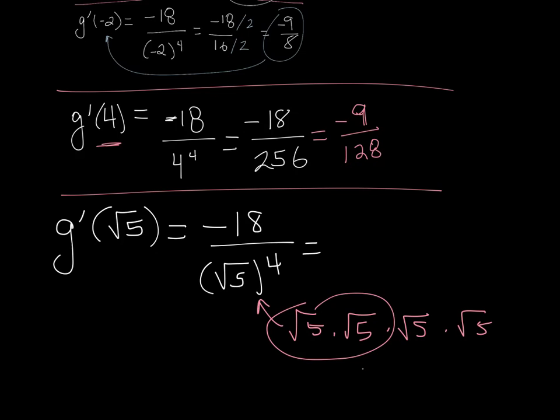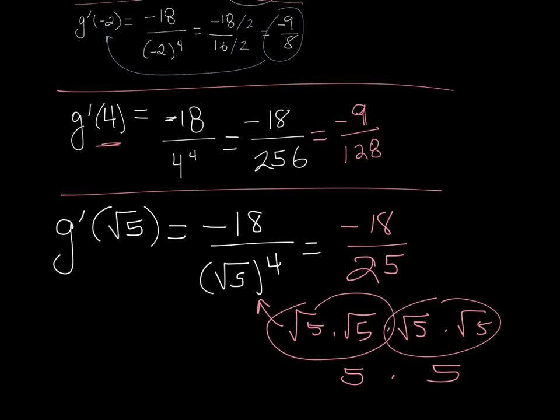Square roots cancel, so that becomes 5, and that becomes 5. So that's where I get 25 on the bottom. So the answer would be -18 over 25.